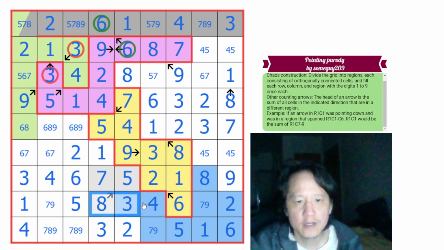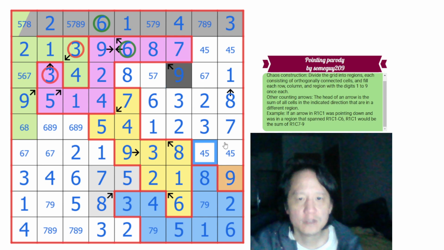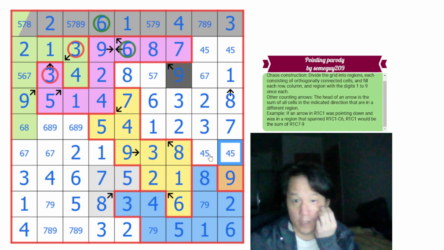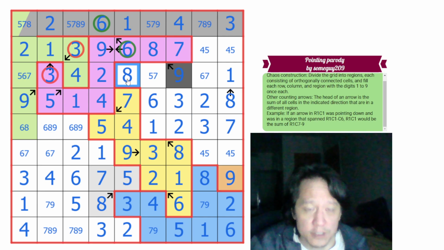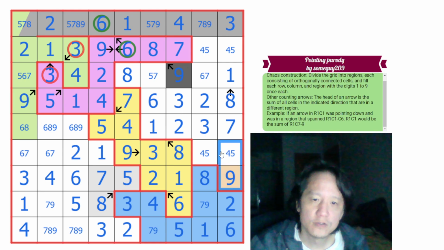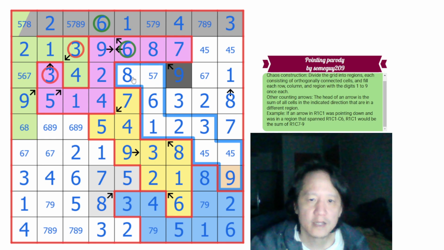7, 8, or 9. So this is a region. So this 9 belongs to a region, and this 9 must be a separate region. Can this 9 ever reach this 8? 1, 2, 3, 4, 5, 6, 7, 8, 9.